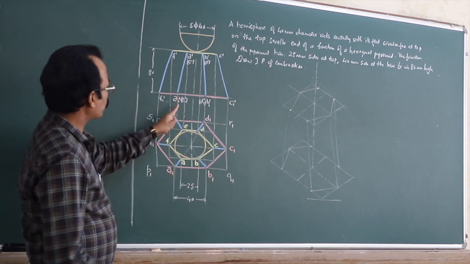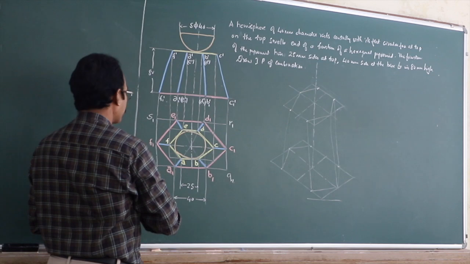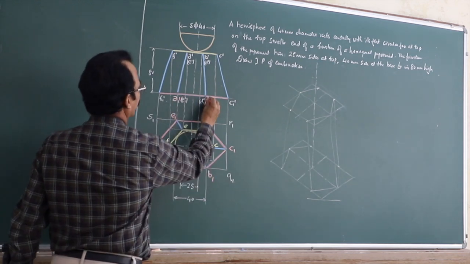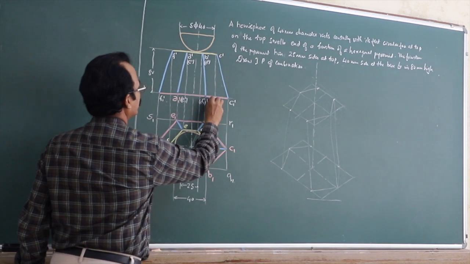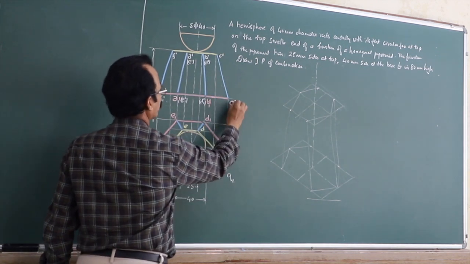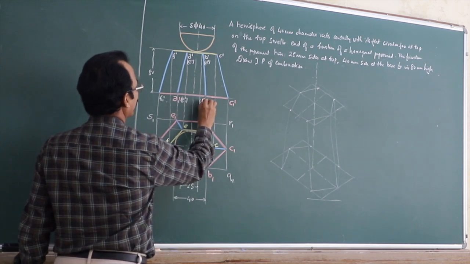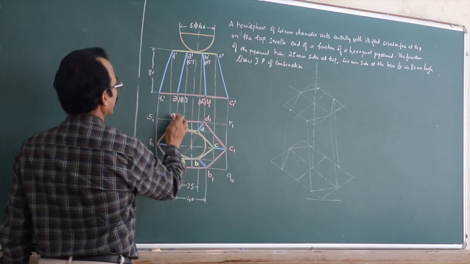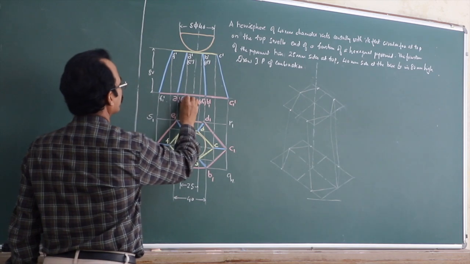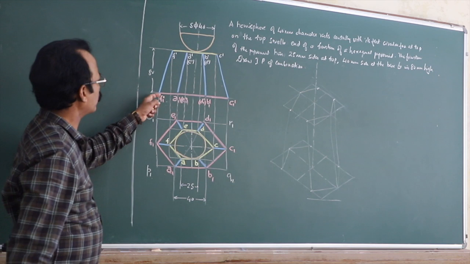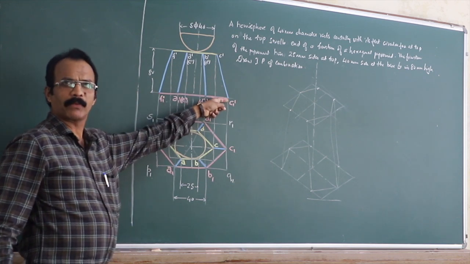Now, you project it to the front view. A1 dash you project here, that will be visible, then B1 dash visible, C1 dash also visible, then D1 dash hidden, E1 dash hidden, then F1 dash visible. So first get the front view of this base.